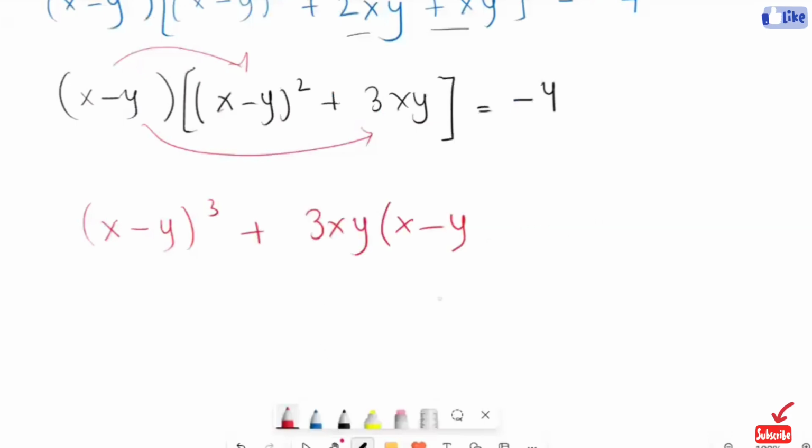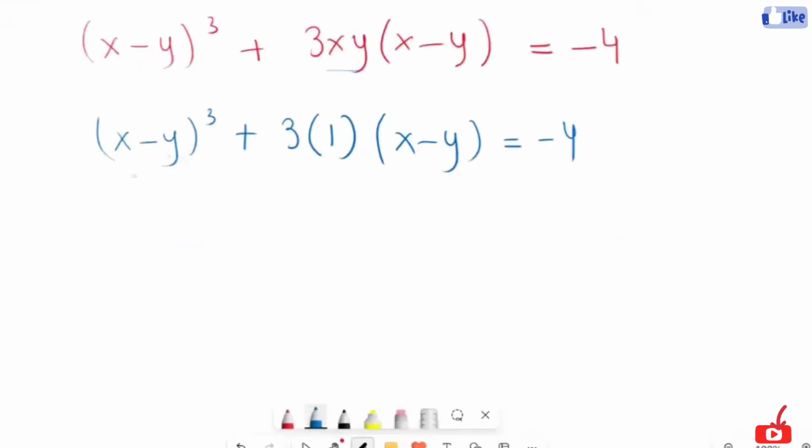Now here I will plug in the value of xy. So it will turn to (x minus y) whole raised to the power 3 plus 3 times 1 times (x minus y) is equal to minus 4.